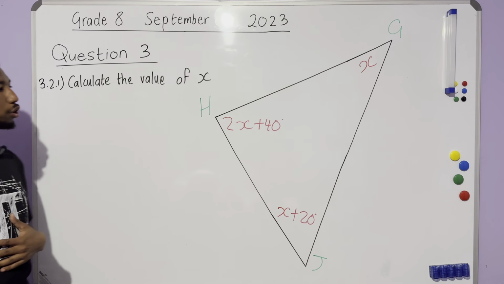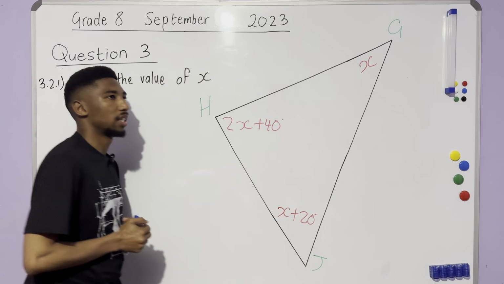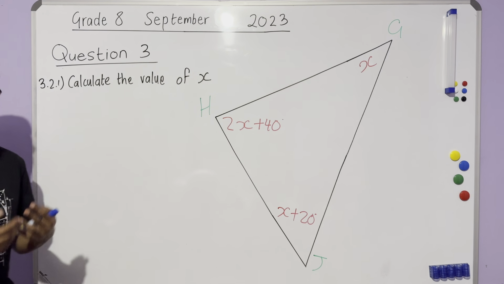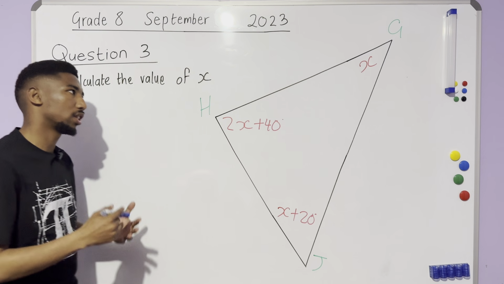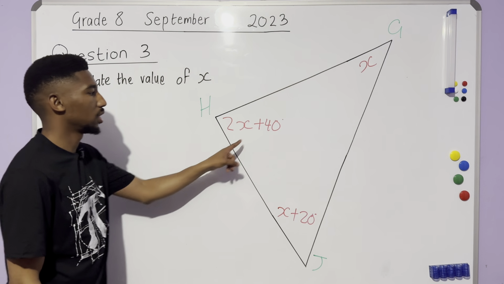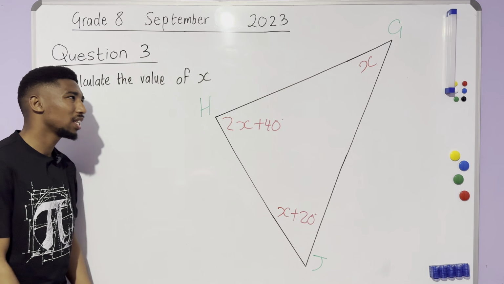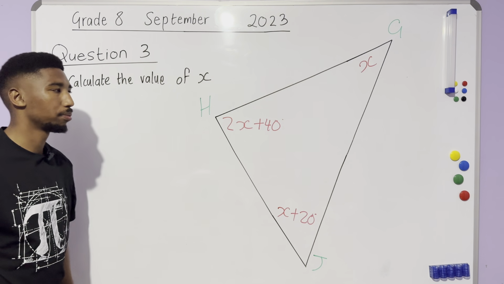In question 3.2, we have ourselves a nice triangle, and in a way, the possibilities of what you need to do have been simplified. We need to calculate the value of x. We see that all three angles have the value x, and there's only really one thing to do.